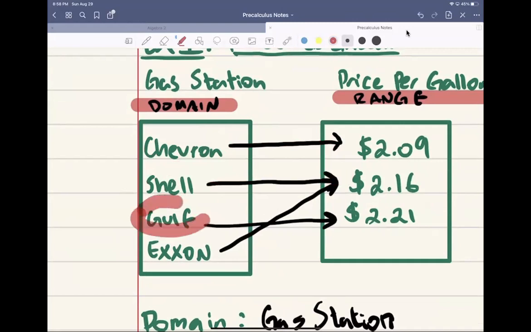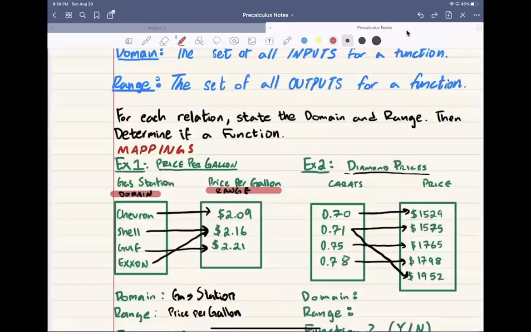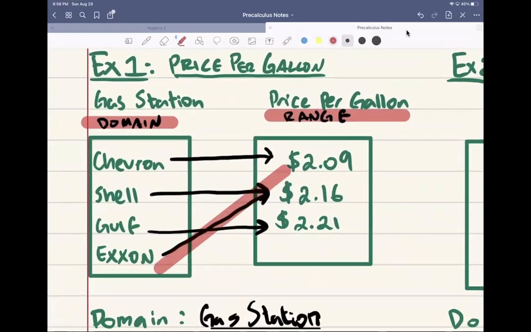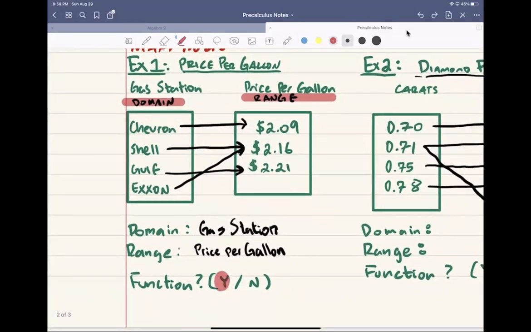You look at Gulf and that has one output, so we're good. And we have Exxon, and Exxon also has one output. You'll notice it goes to the same output as Shell. That does not matter because all we care about is that each input has exactly one output. And because that turns out to be true, yes, this is a function.